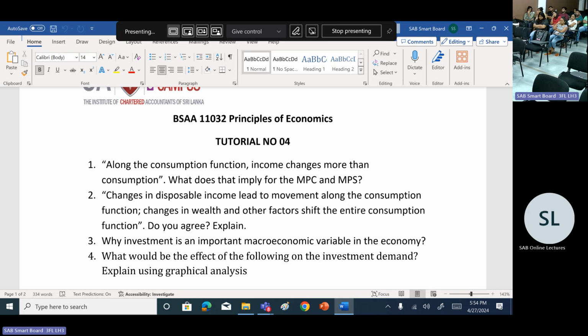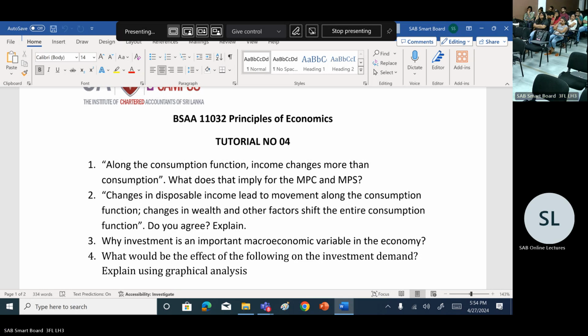So now here it says that along the consumption function, income changes more than consumption. That means we have a flatter consumption function. It implies a lower MPC, so a high MPS. So what is the nature of the MPC and the MPS? That talks about the slope of the consumption function.